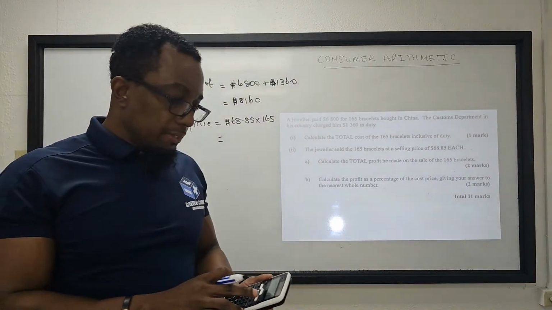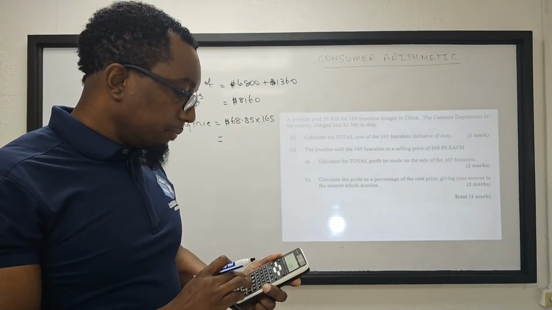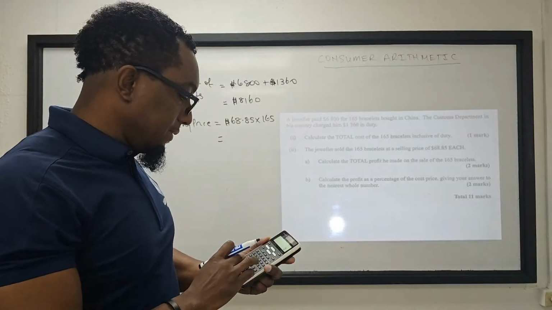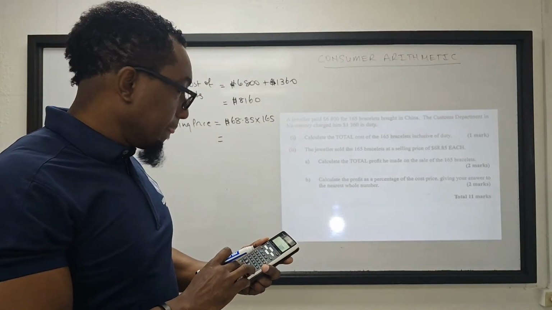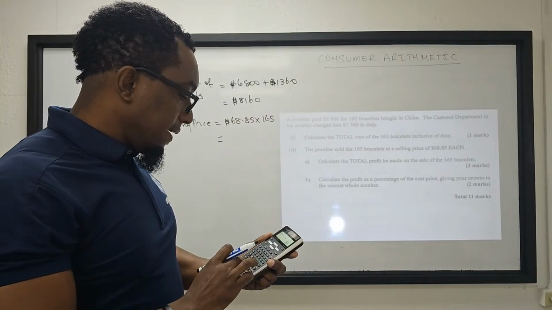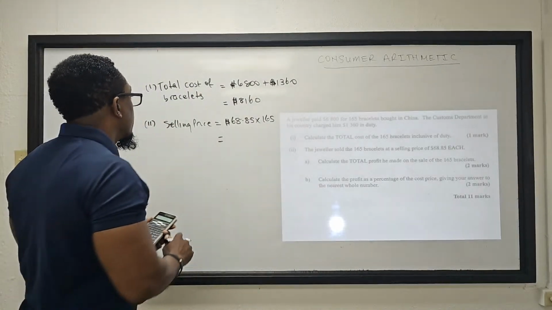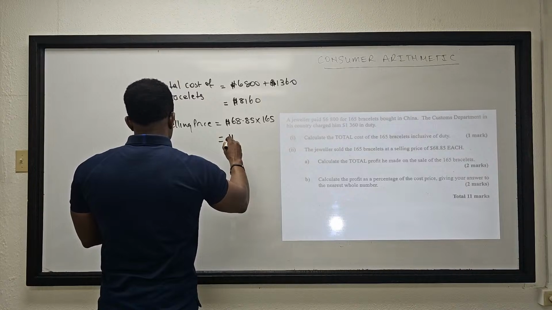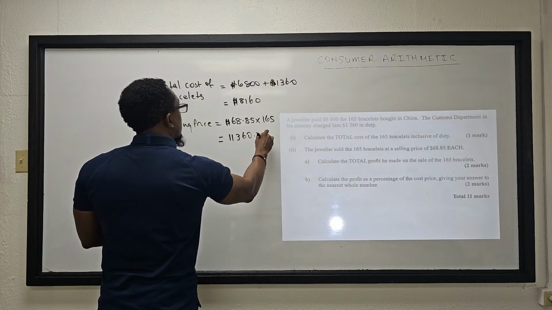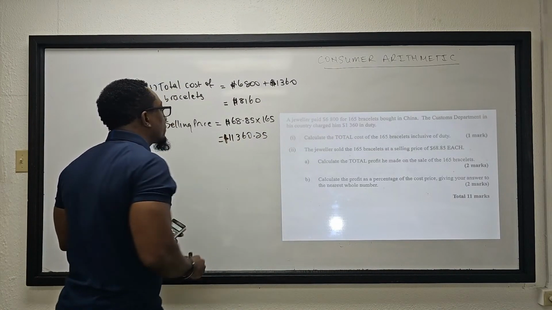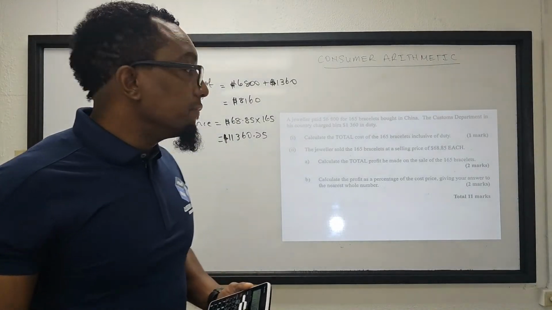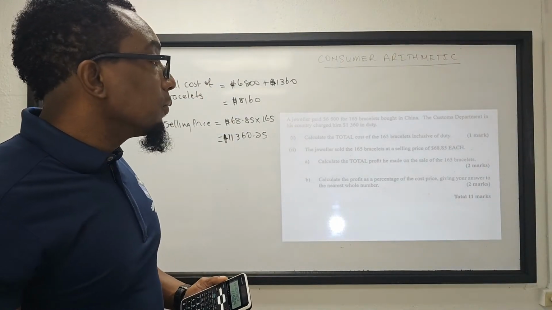And that will give us what? $68.65 times 165. That will give us $11,327.25. Good, so the 165 bracelets were sold for that amount.